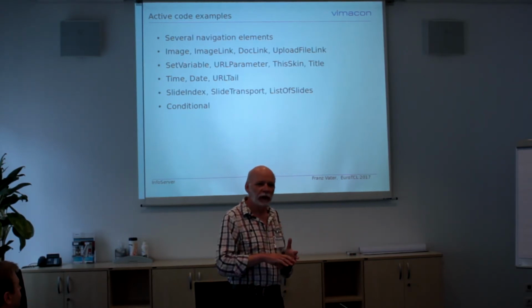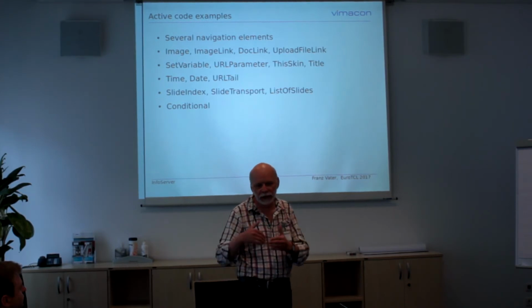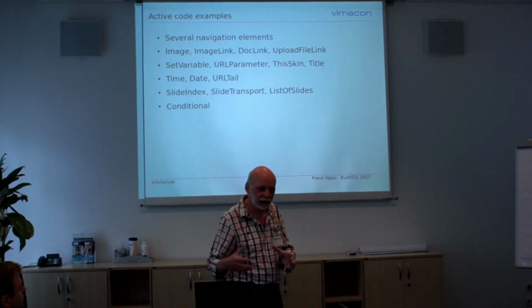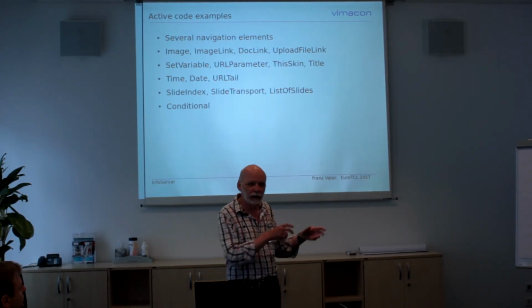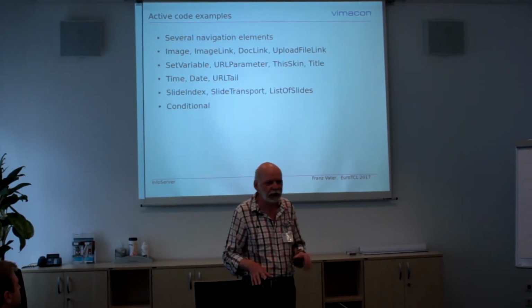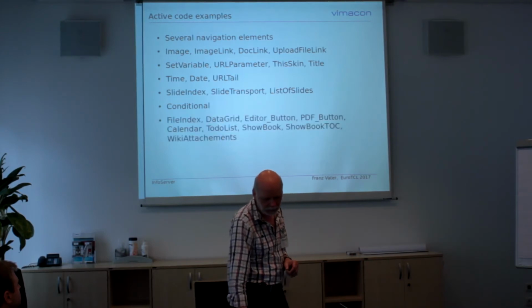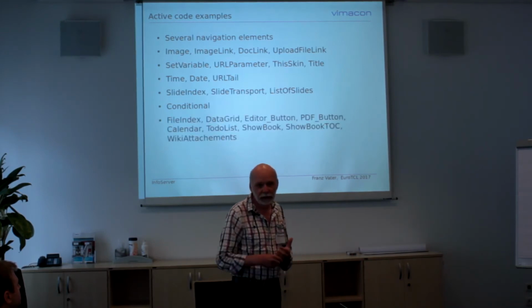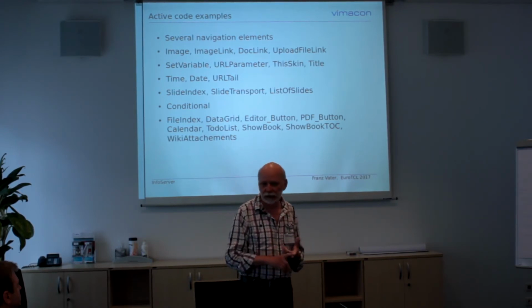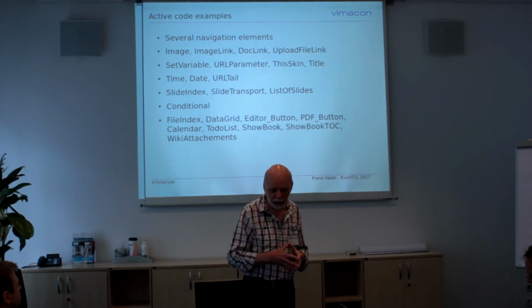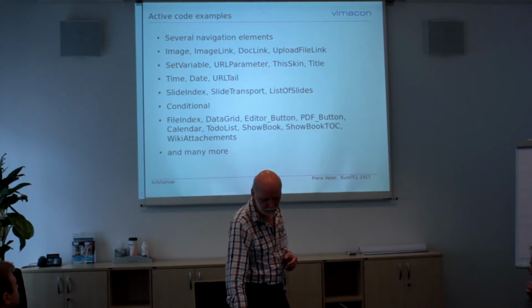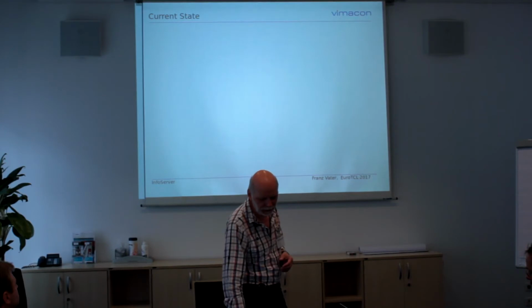And because what the caller sees is just the result of all the processing, there's no way to find out that there is another customer with another content. He sees just what he may see and nothing else. File index, data grid, if you want to work directly on the database, a calendar which can also expand recurring events, the books, attachments, and whatever.